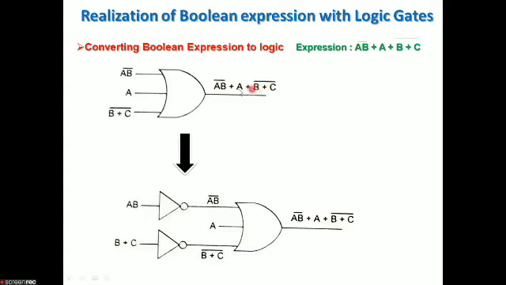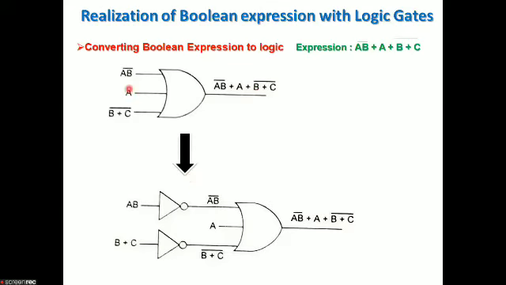Here again I am saying that A dot B bar is the first term, this one is the second term and this one is the third term, and between them we have a plus sign. The plus sign means OR gate. Okay, so the next step.